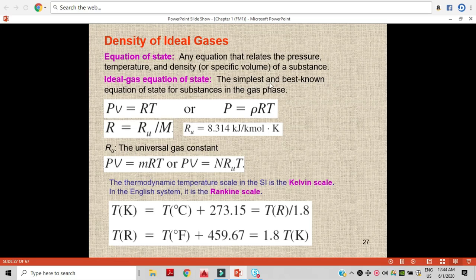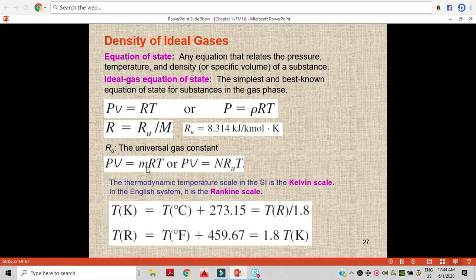The simplest and best known equation of state for a substance in the gas phase is the ideal gas equation, Pv = RT, or P = rho R T, because v is the specific volume and 1 over v is rho. Here R is the gas constant, R_u is the universal gas constant, and M is the molar mass of the gas. In this way you can find the value of R for the gas.